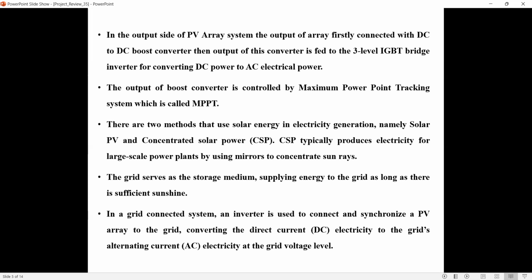The output of the boost converter is controlled by the maximum power point tracking system, which is called MPPT. There are two methods to use solar energy in electricity generation, namely solar PV and concentrated solar power, CSP. CSP typically produces electricity for large-scale power plants by using mirrors to concentrate sun rays.